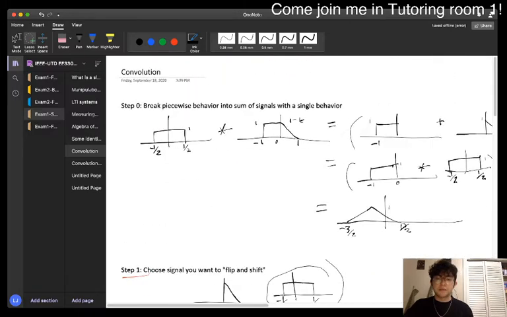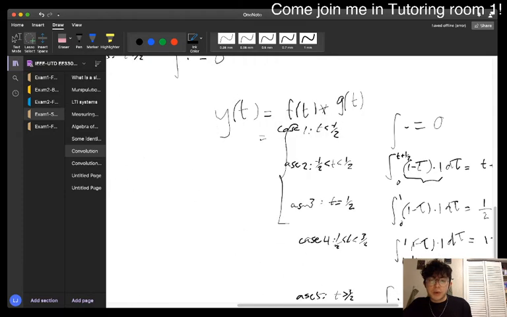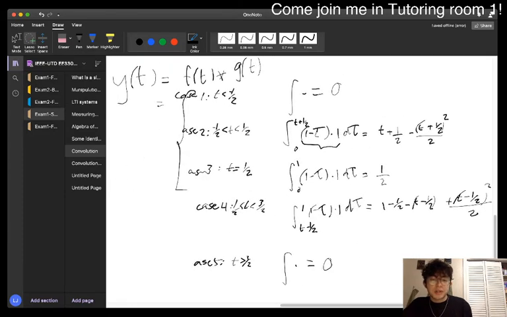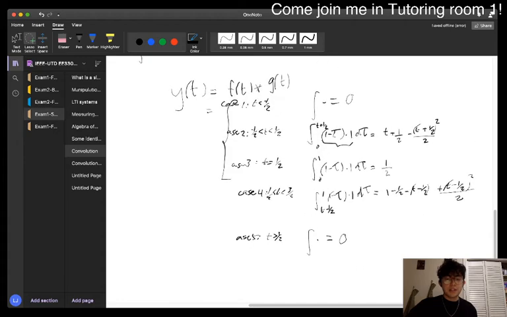It should be a signal from -1/2 to 3/2. That's its support. And if we look at our piecewise function, notice that it's true. It's only non-zero in cases 2, 3, and 4. So that's the method here.